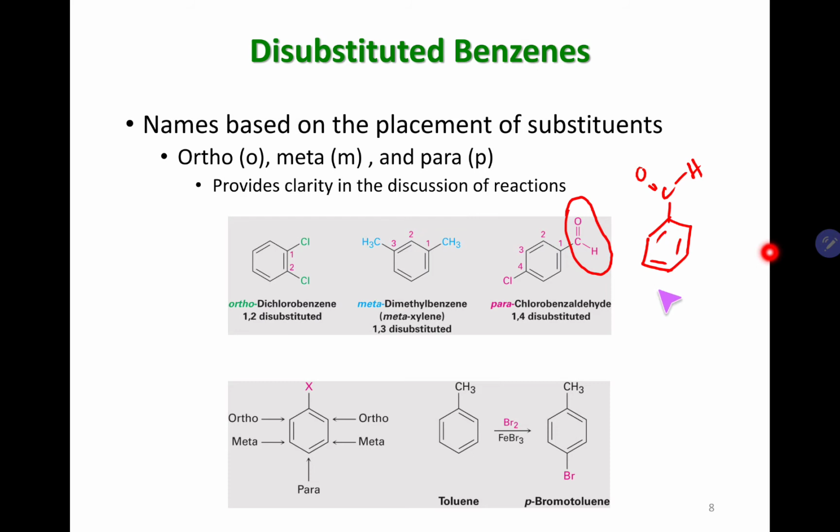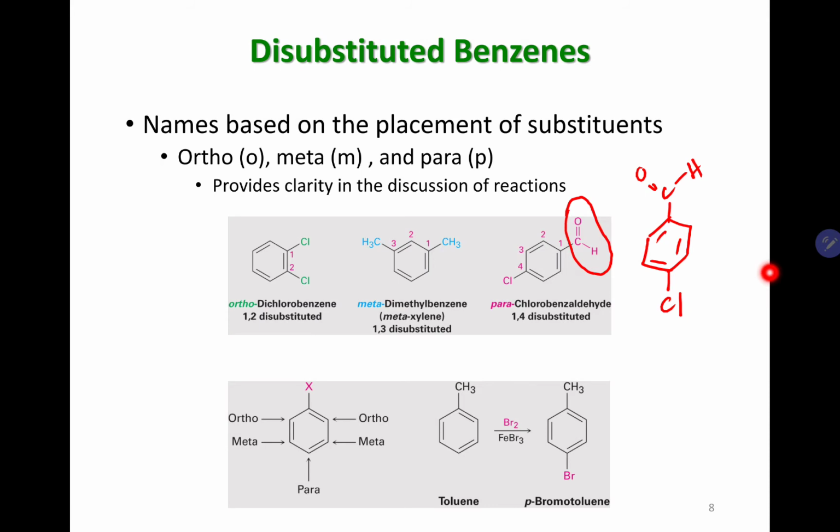It also has a substituent, present in the para carbon, the fourth carbon. So the name of this compound will be chlorobenzaldehyde, but the location of chlorine is para, so the compound name will be para chlorobenzaldehyde.